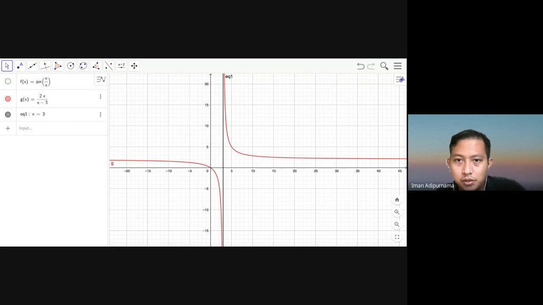Well, let me draw that first. So if you see this graph here, what do you think about the limit? Is there any limit? Yes. Okay, good. Okay, let me go back to our notes.